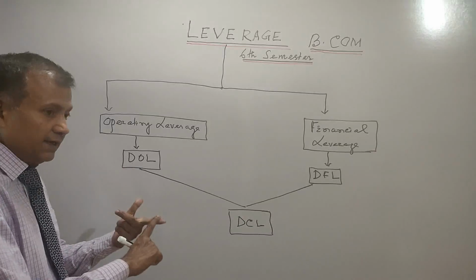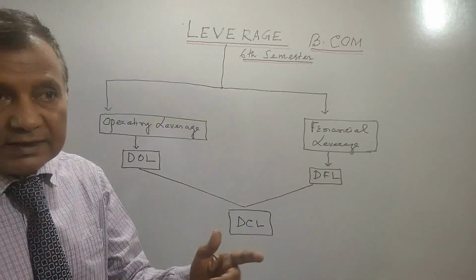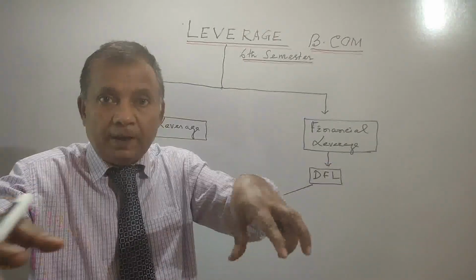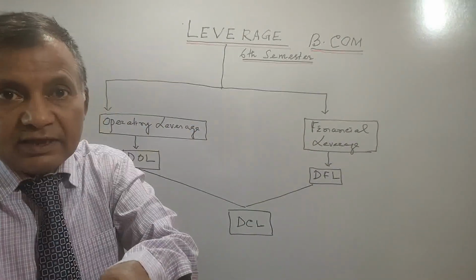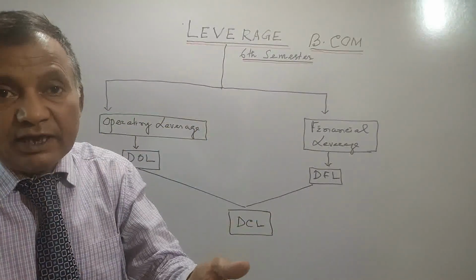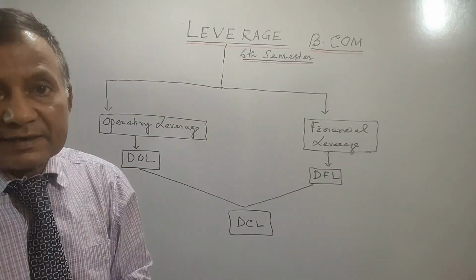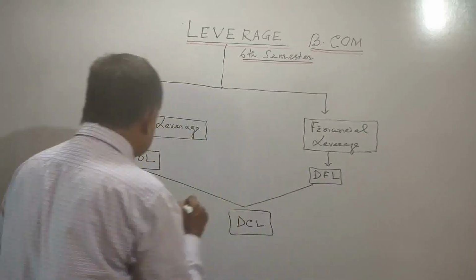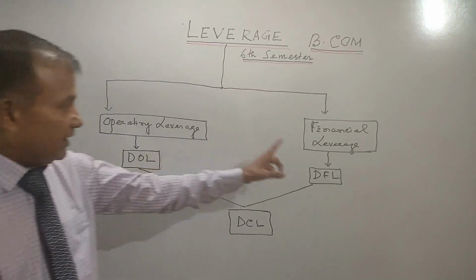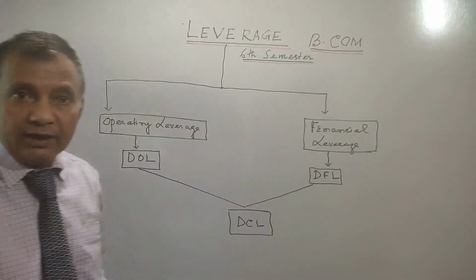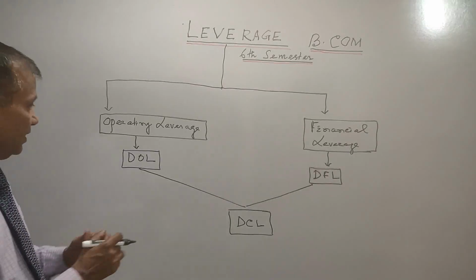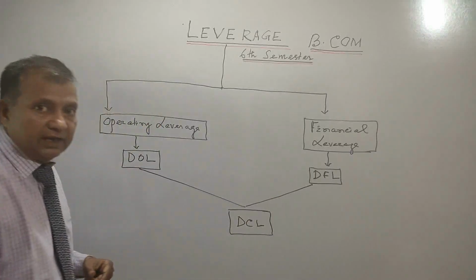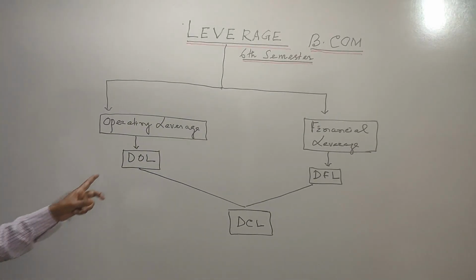The operating risk and the financial risk are both risk areas, and if a company has both, then we can measure what is the total risk of the company. In a company, if there is a loan, there is interest, then definitely DFL can be calculated.